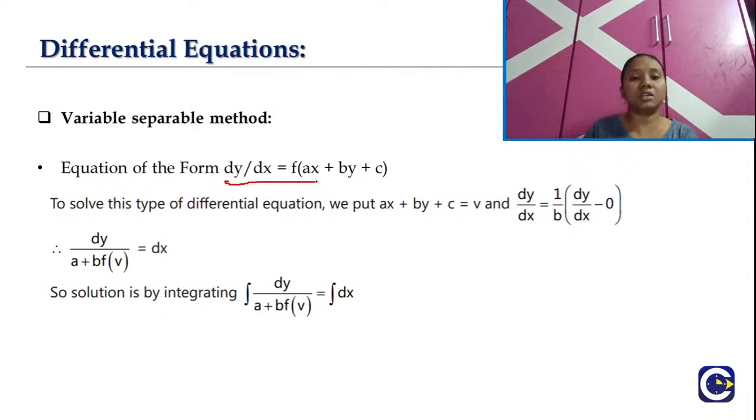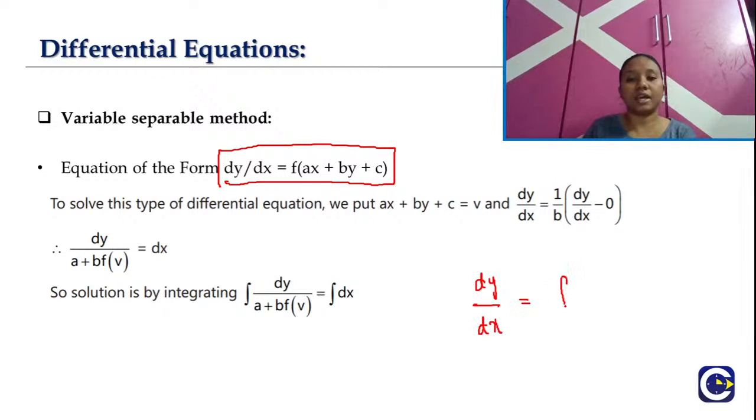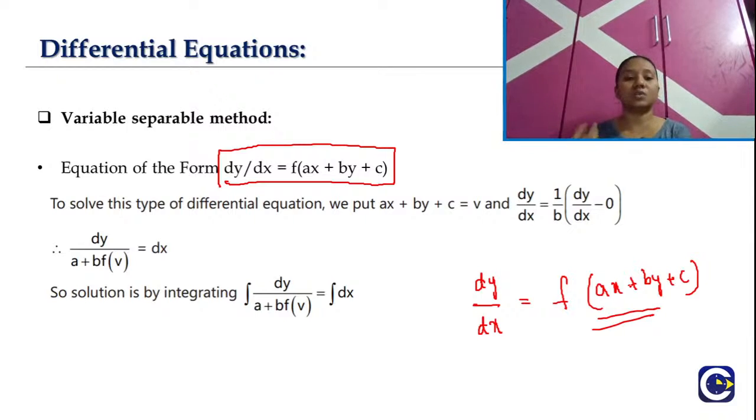This will be the third form, where the equation is dy by dx equals f of ax plus by plus c, so the function will be in this format. In our previous forms, it was either f of x, or g of y, or both f of x and g of y.